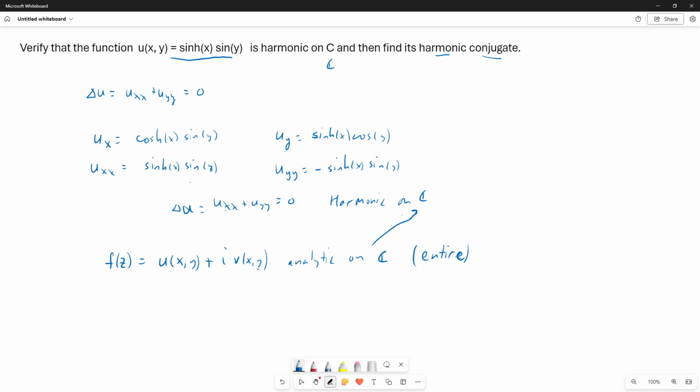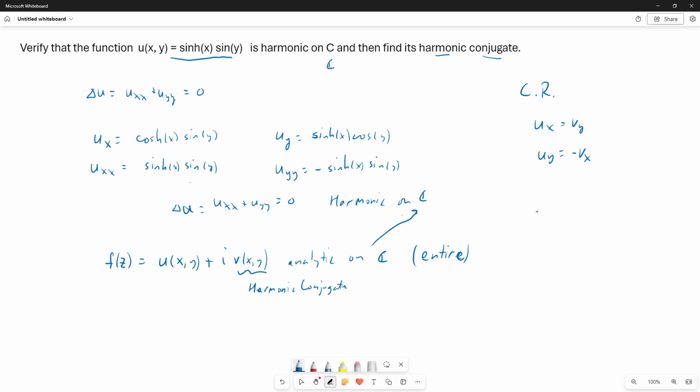So we would like to find v. v is the harmonic conjugate. And we will do that by using the Cauchy-Riemann equations, which are u sub x equals v sub y and u sub y equals negative v sub x.